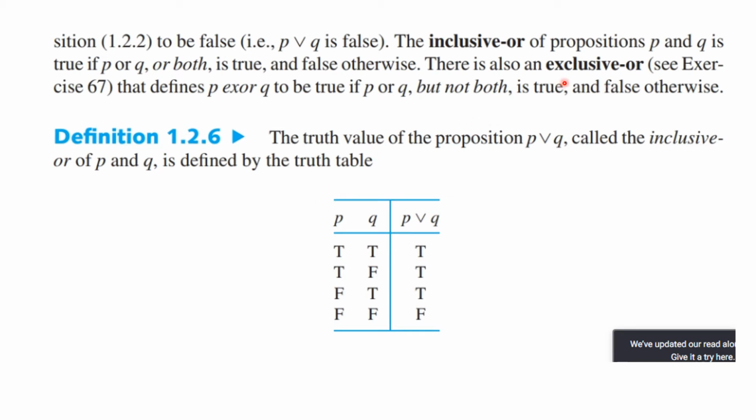There can be different ones called exclusive or, and there's some exercises there that we deal with that, but this is what we mean by the disjunction or inclusive or of P and Q, and it's defined with this truth table. And the only time this is false is when both P and Q are false.